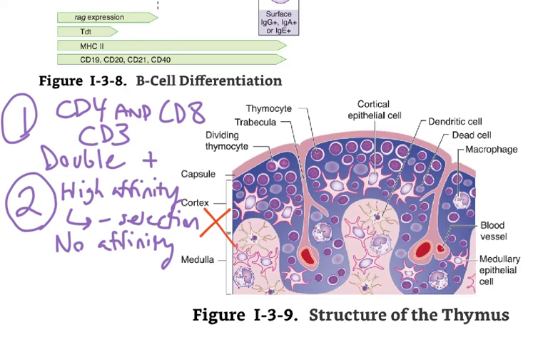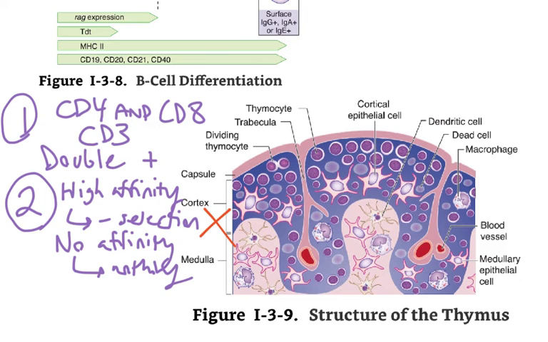So these cells are not as bad as the ones that like the self-antigen, so they're not going to get negatively selected, but they're also not going to get positively selected. They're just going to stay where they are, and they're not really going to grow up anymore, so eventually they're going to die. So this is like nothing.